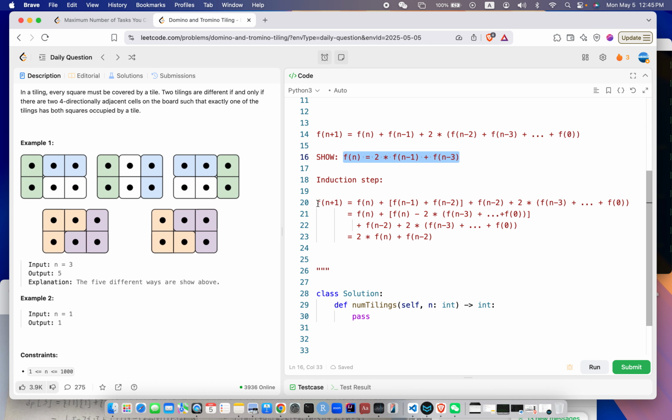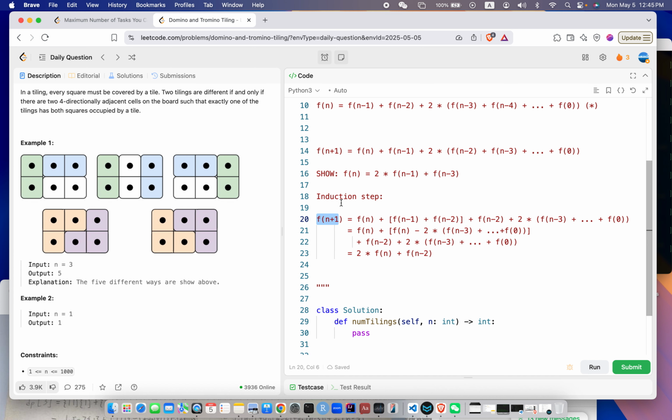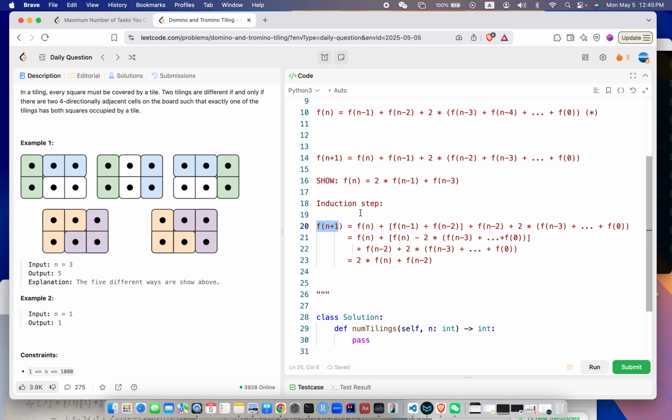So here if we write f(n+1), according to this formula, it will be f(n) plus 2 times f(n-2)... So I write 1 here, put it in this bracket, and then I get another f(n-2). Then plus 2 times f(n-3) up to 0, right? This part.